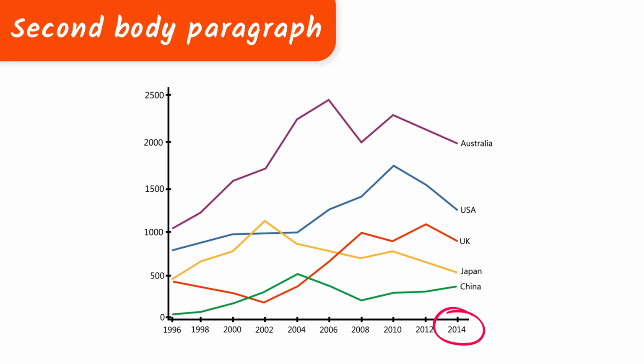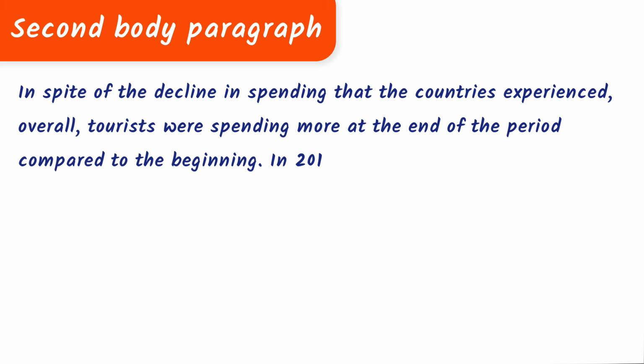So as you can see, for almost all countries, Australia, USA, UK, China, the spending increased compared to the beginning, except for Japan, which I think stayed the same. It remained the same for Japan, all right? So in 2014, let's talk about Australia.